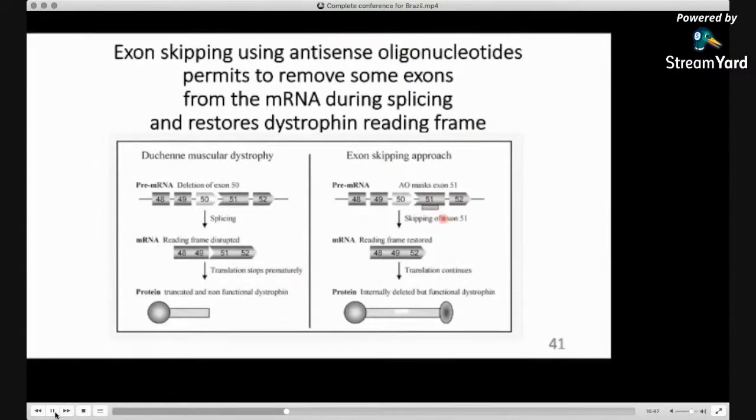This exon 51 may also be deleted by inducing cuts in intron 50 and in intron 51 to completely remove that exon. This results in the expression of the beginning of the dystrophin protein and of the end of the dystrophin protein, but there is, however, a small part of the protein which is missing in the center of the protein.